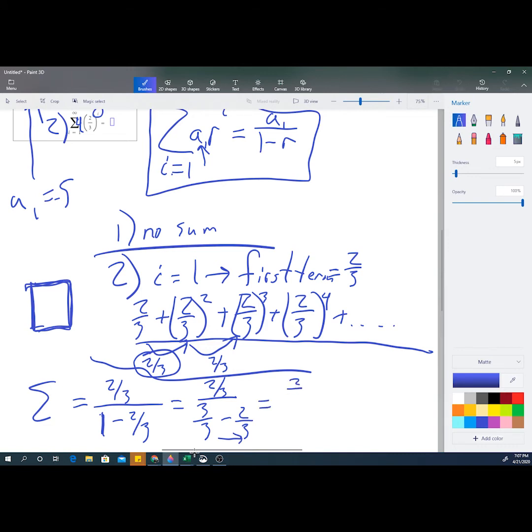Once you have that, then you subtract the top with the top, but the bottom you leave alone. So I'm going to still get a 3rd here. And 3 minus 2 is just 1.